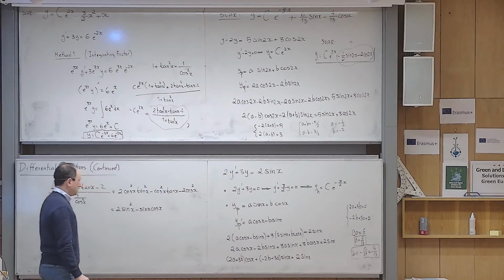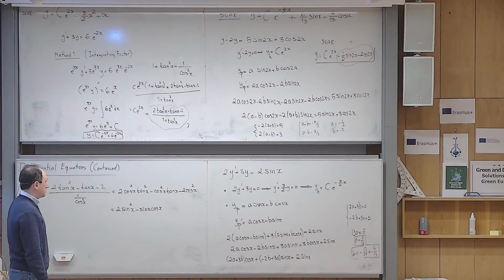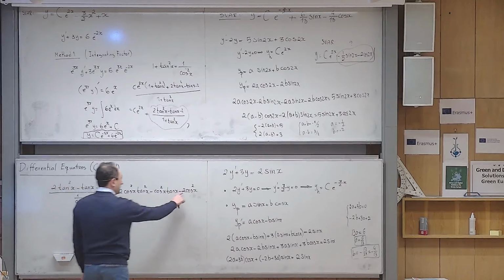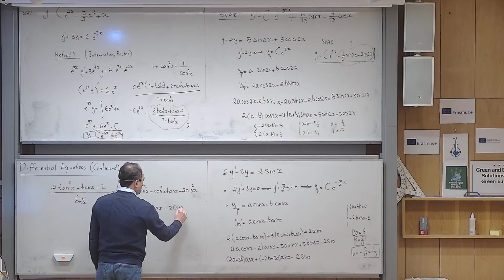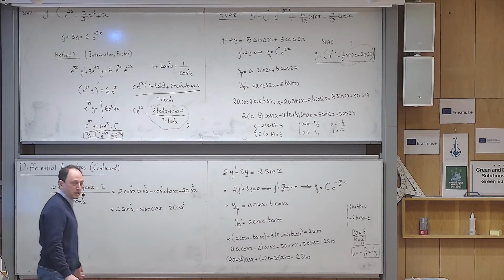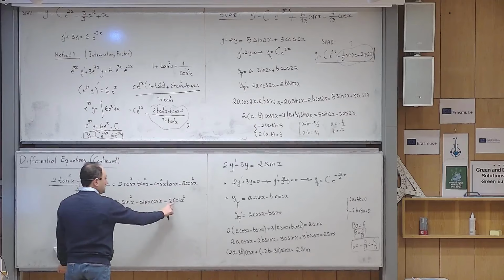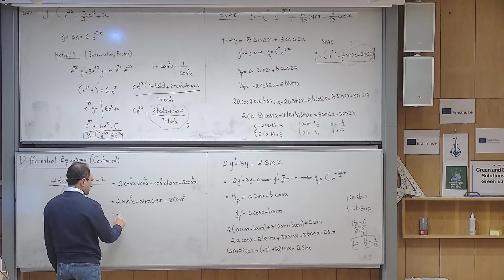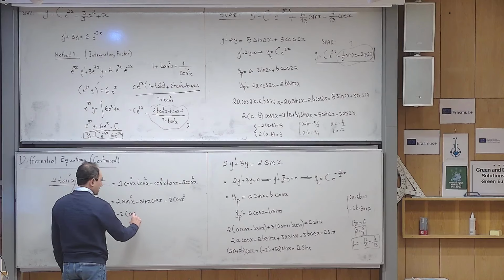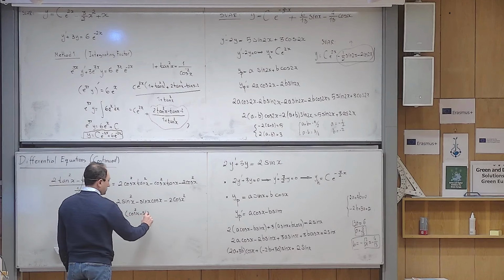Yes? Do you see? Yes, we get it. And then I have minus 2 cosine x squared. Now you see that is the same answer. Why? Because between these two, I factor a minus 2 out. It becomes cosine x squared minus sine x squared.